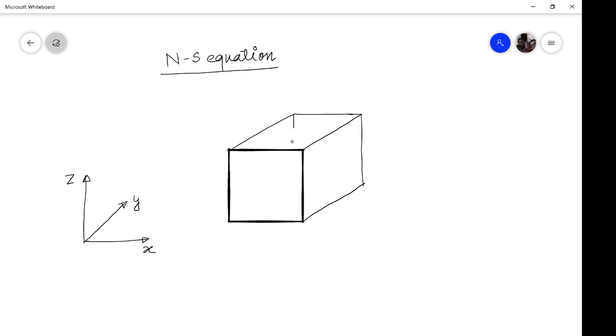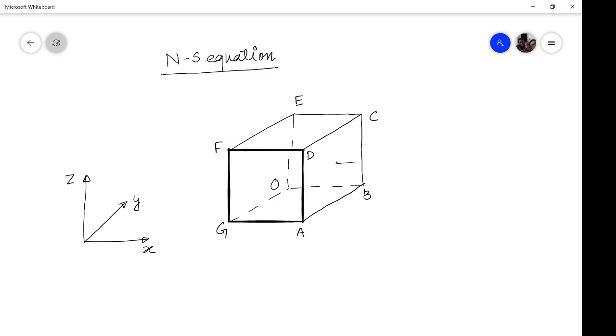So for this particular element, you have this x face, the positive x face, this one. Let me name it A, B, C, D, E, F, G. So here the positive x face is A, B, C and D. So stresses on this positive face acting in the positive direction will be positive.